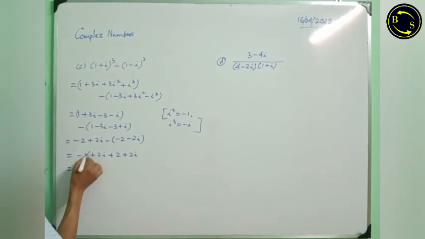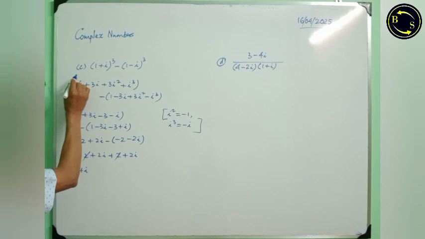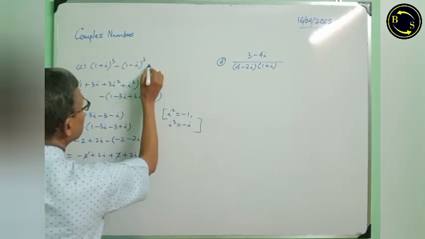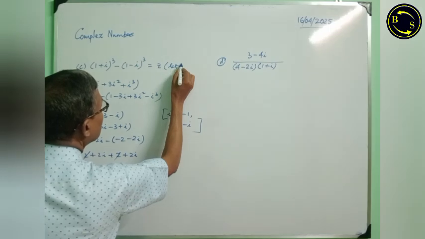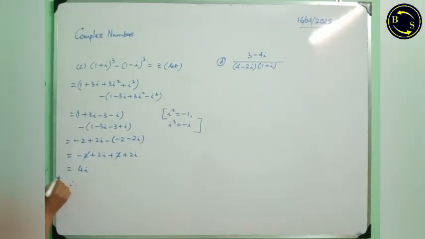Therefore, these two are cancelled, 4i. Now if I take it as z, therefore finally what we get, z equal to 4i.